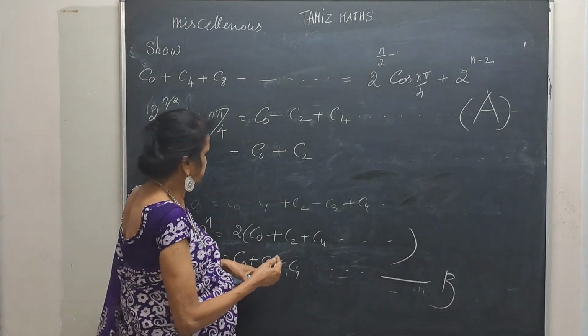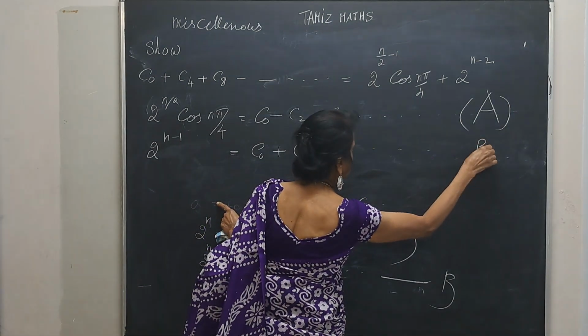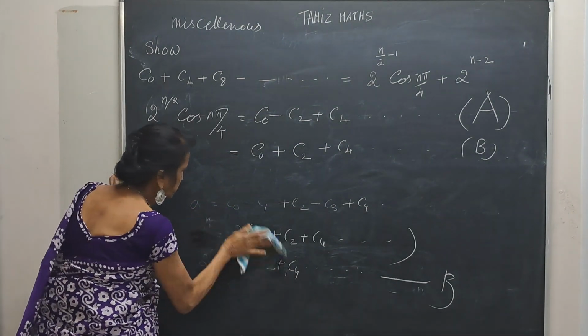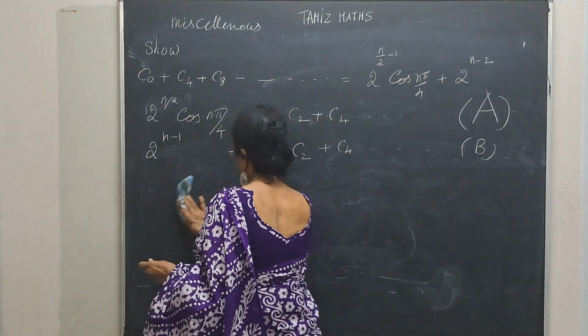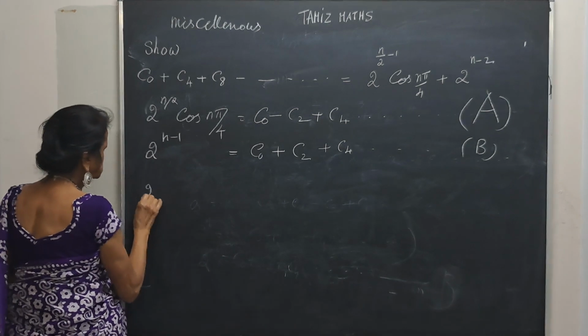Then plus C4, call it B. Now, add these two.